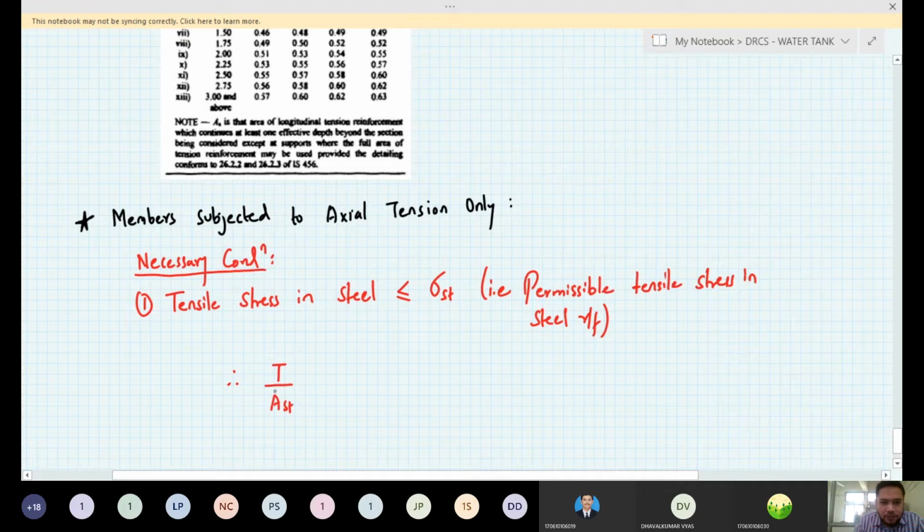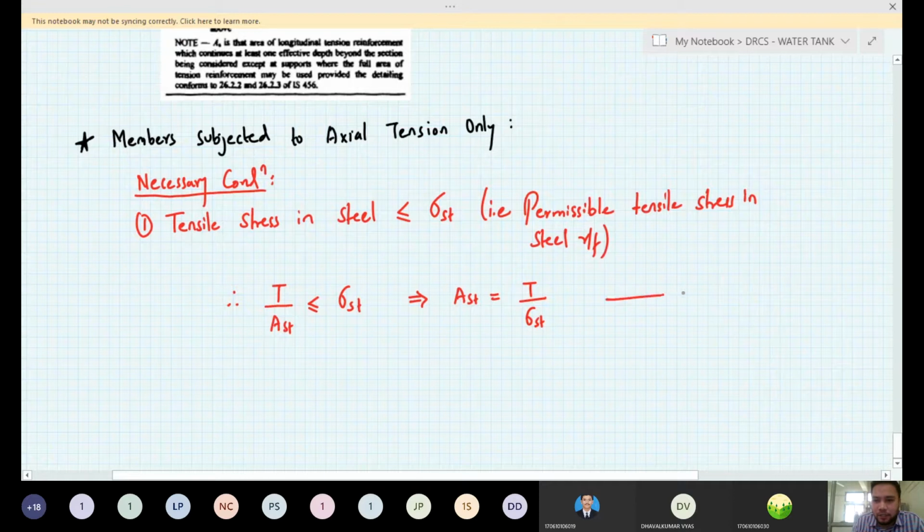So this should be less than or equal to sigma st. From this you can write AST equals T by sigma st. Means if you have the tensile force acting on the component, then you can find the area of the steel required by dividing the tensile force by the permissible tensile stress in steel. So this is your first condition.